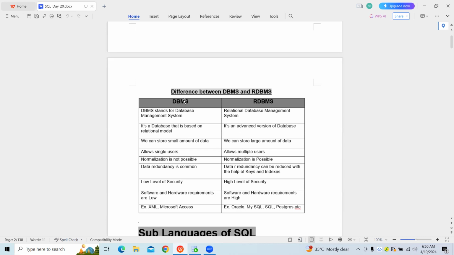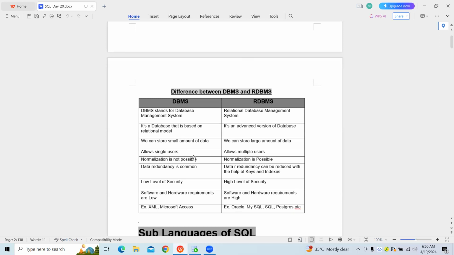DBMS, being a basic model, can store only a small amount of data. RDBMS, being the advanced version, can store a large amount of data. As I have mentioned, DBMS supports only a single user, whereas RDBMS supports multiple users.